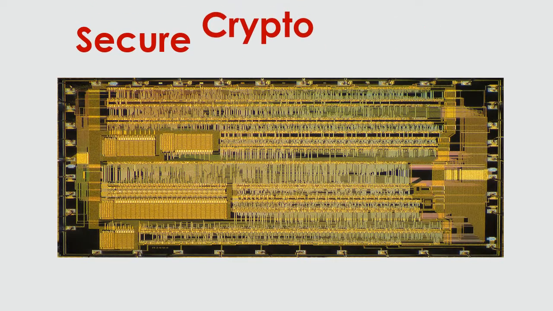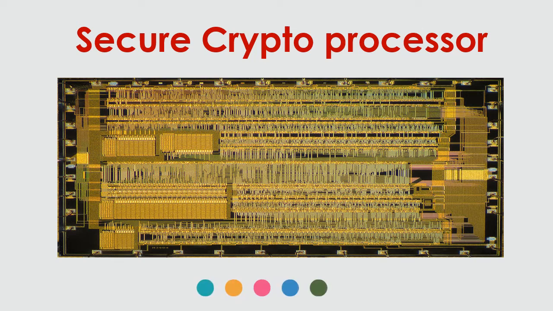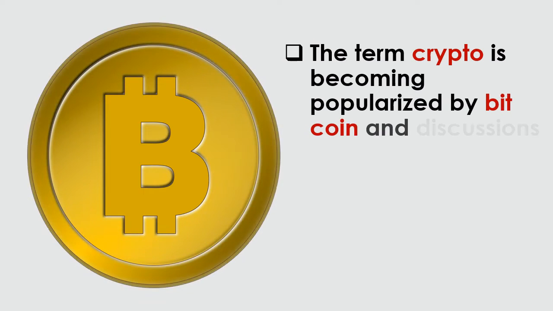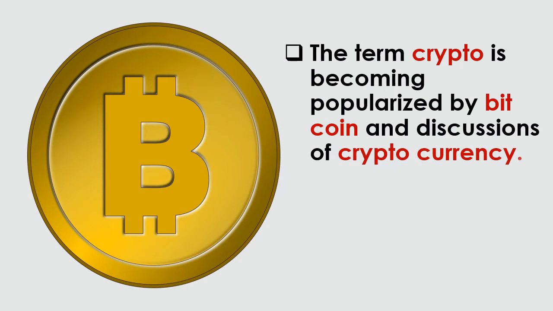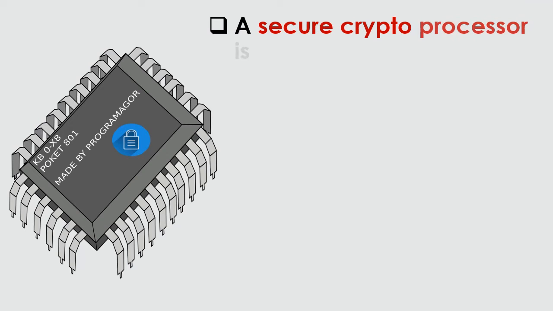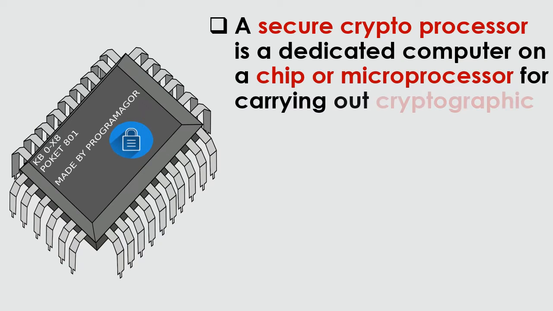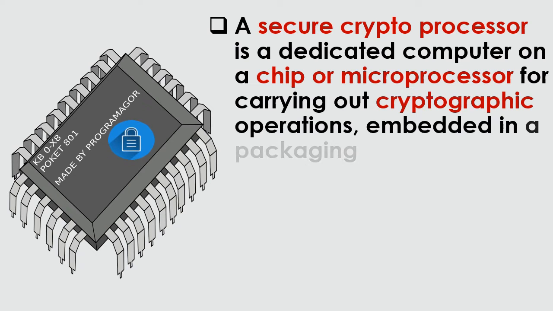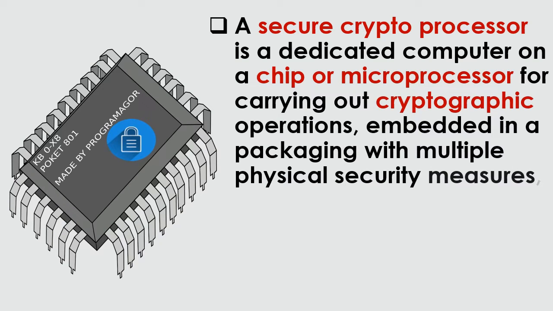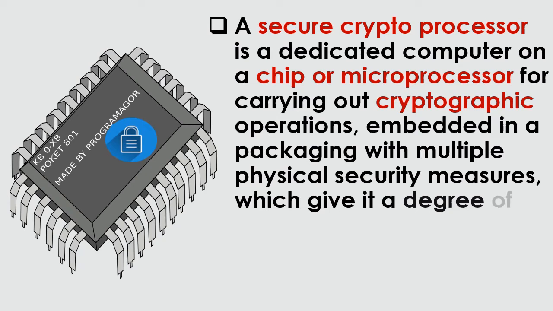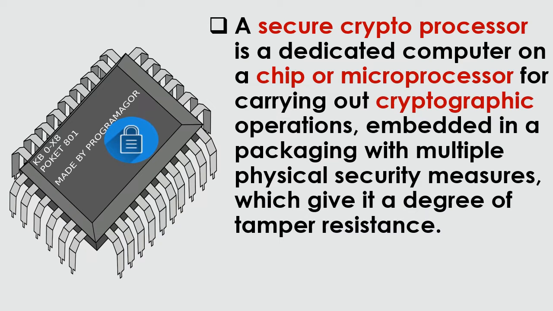Secure crypto processor. The term crypto is becoming popularized by Bitcoin and discussions of cryptocurrency. A secure crypto processor is a dedicated computer on a chip or microprocessor for carrying out cryptographic operations, embedded in a packaging with multiple physical security measures, which give it a degree of tamper resistance.